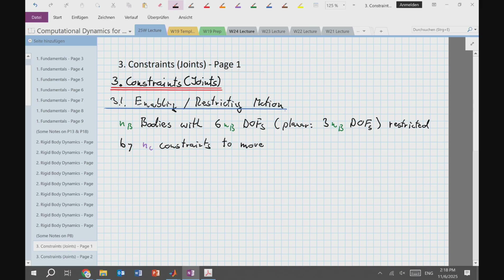More generally, the constraints constrain the motion of these bodies to move in NQ ways. And NQ refers to the number of joints, or more precisely, motion primitives.